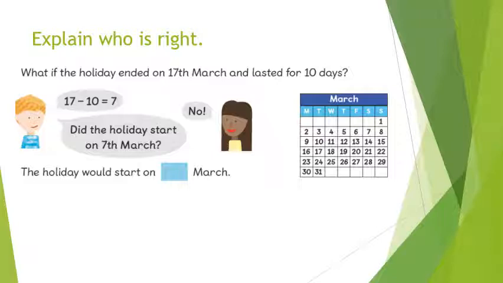Can you see if you can work out when the holiday started, whether you agree that it's the 7th of March or a different day? And can you explain who is right? I don't just want an answer. I want you to see if you can explain to a grown-up at home why the answer you believe is correct. See if you can prove it to me.